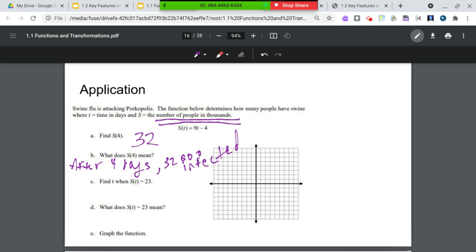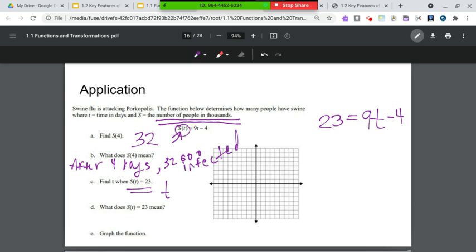Okay, so see how it says S of T equals 23? Look where that 23 is. We're placing it here. So we're saying 23 equals 9t minus 4. Solve for t. Is it 3? T equals 3.